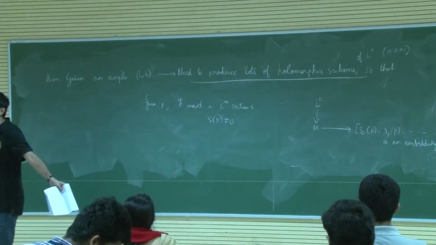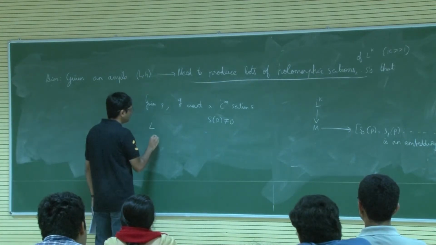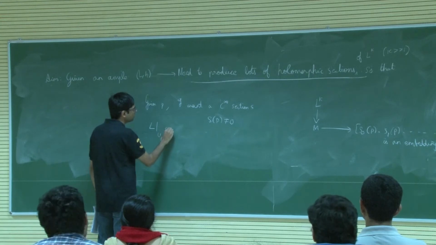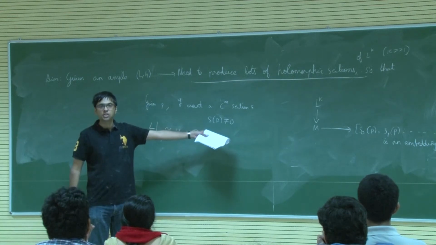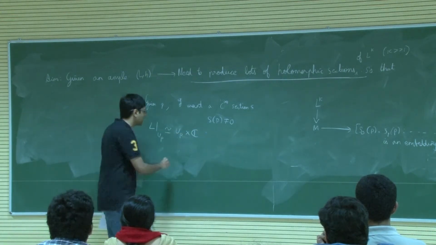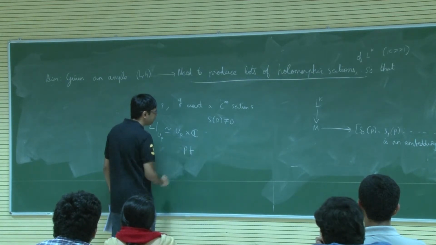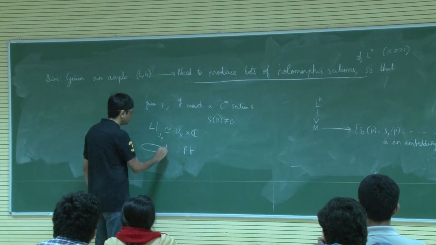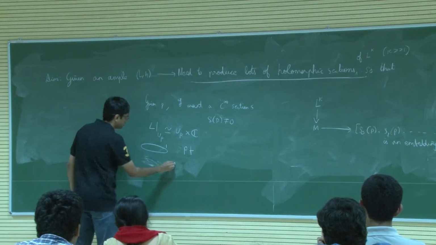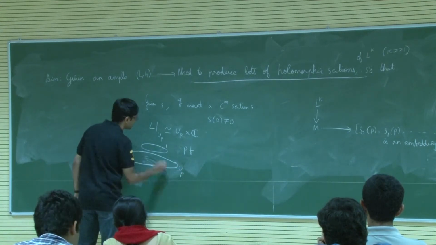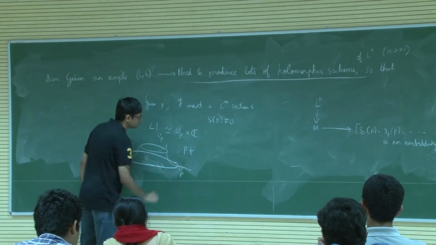Can you do this? It's very, very straightforward, because near P there is a neighborhood so that this is just this. You can surely find a smooth function that is not 0 at a point, and let's say that function is f, multiplied by a bump function rho, which is 1 here and 0 outside.